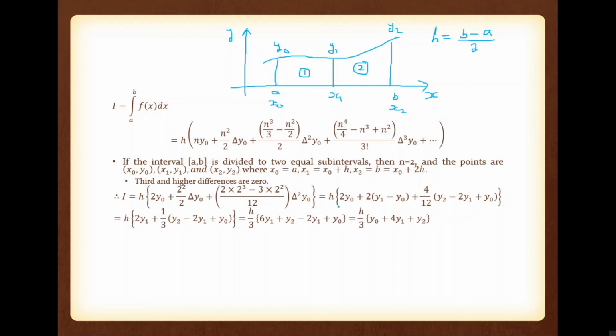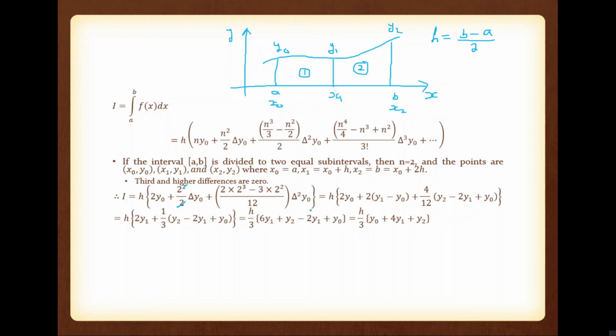If you are solving this, we have h into 2 y0 plus, 2 and 2 are cancelled, so remaining 2 into delta y0. Delta y0 is y1 minus y0. Plus this value: 2 into 2 cube is 16, minus 3 into 2 square is 12. So 16 minus 12 is 4. So 4 by 12 into delta square y0.